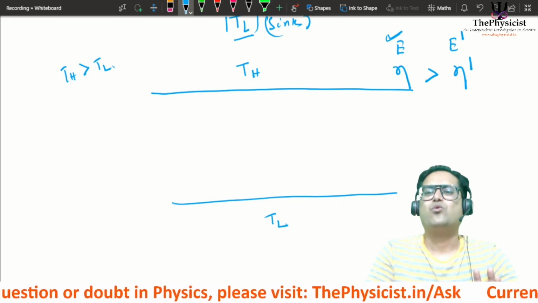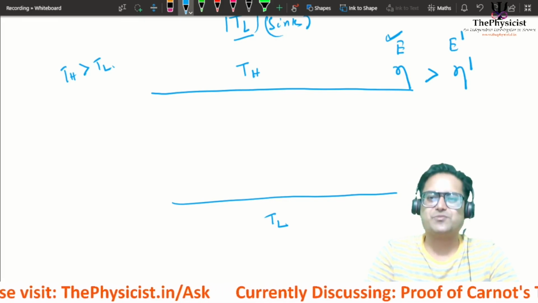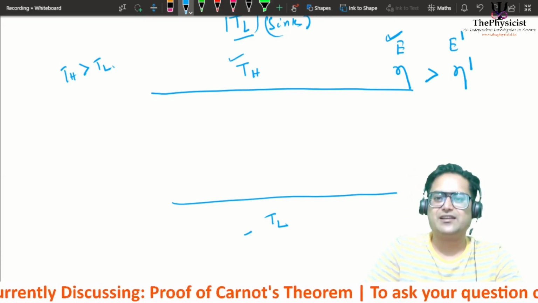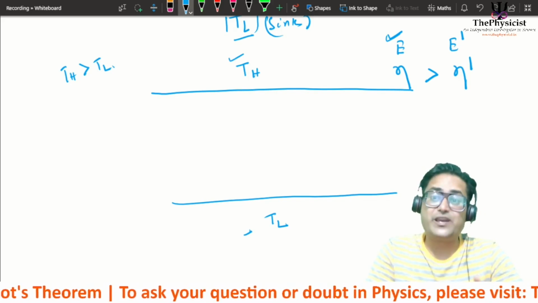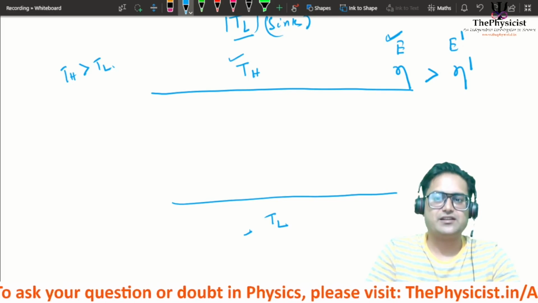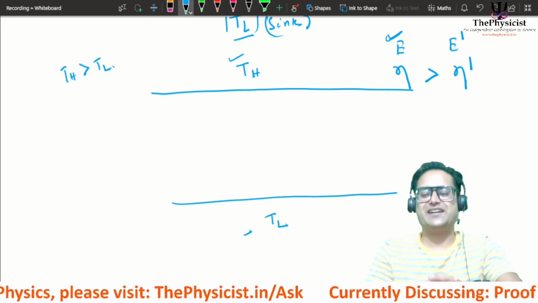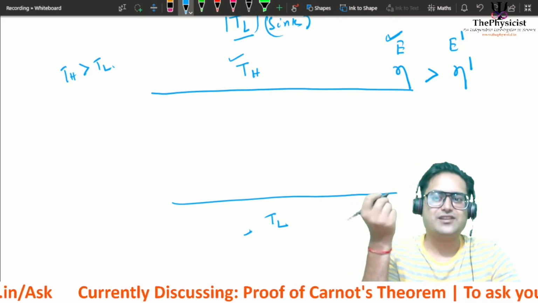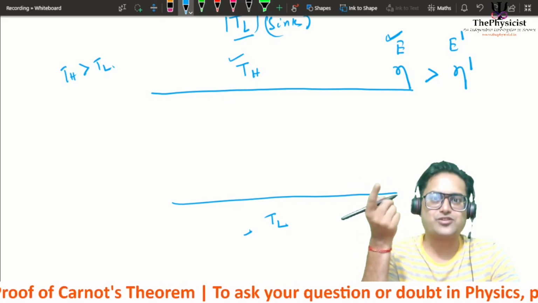Now, is it possible? Let's understand what makes the situation impossible. If both of them are to be used between TH and TL, Carnot's theorem says that eta has to be equal to eta dash, right? But we are assuming that eta is greater than eta dash, right? So that means if we are making a wrong assumption, the conclusion must be impossible.